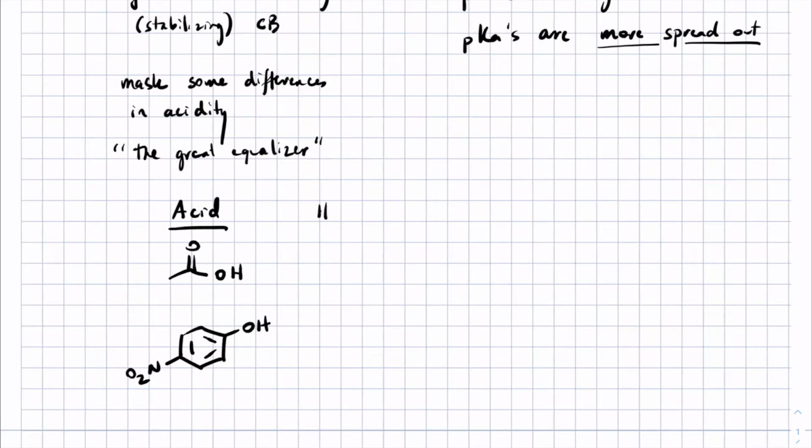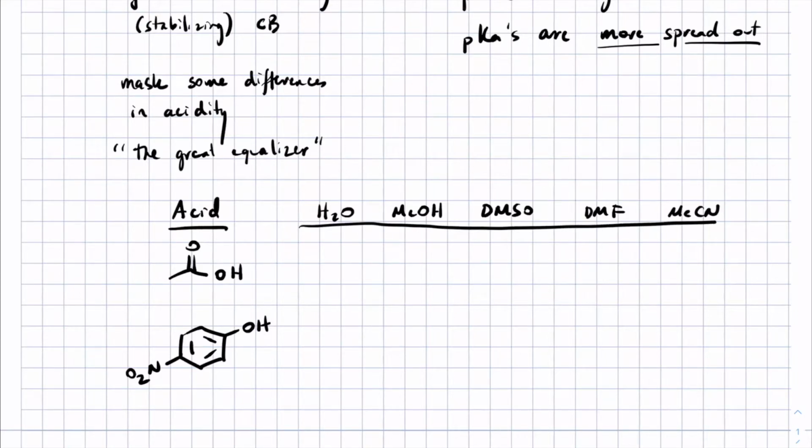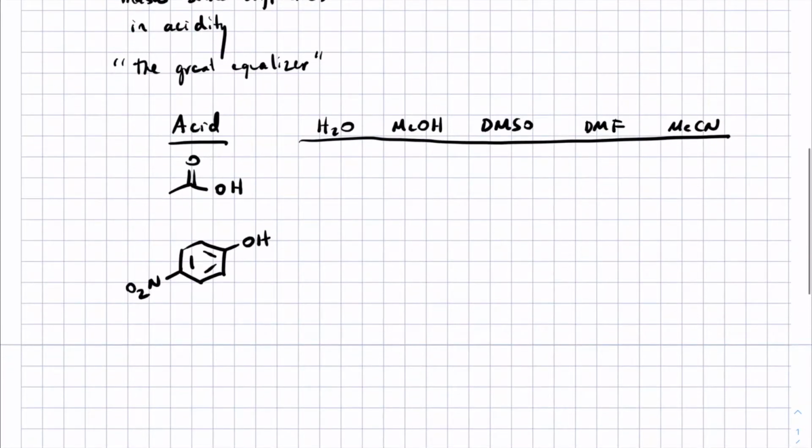And we're going to show you pKa values in water, methanol, DMSO, DMF, and acetonitrile. So we're going from protic polar solvents to slightly less polar protic solvents to DMSO, which is a polar aprotic solvent, DMF, polar aprotic, and acetonitrile starts to be more nonpolar than DMF.